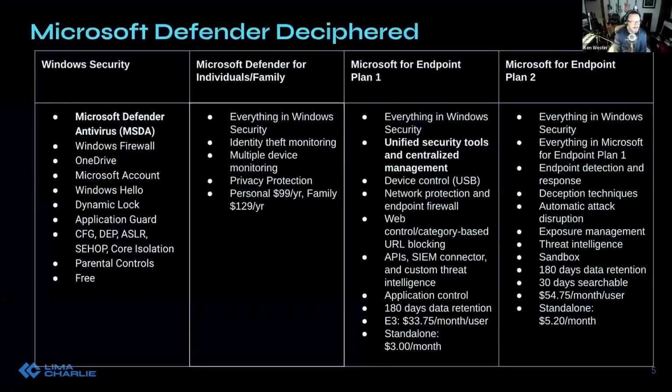So, you guys can see my screen, hopefully. This is what I was thinking in terms of the different tiers. We have Defender, which used to be all these different names, right? A lot of times what people think of as Defender is actually Windows Security, which is the Microsoft Defender antivirus.